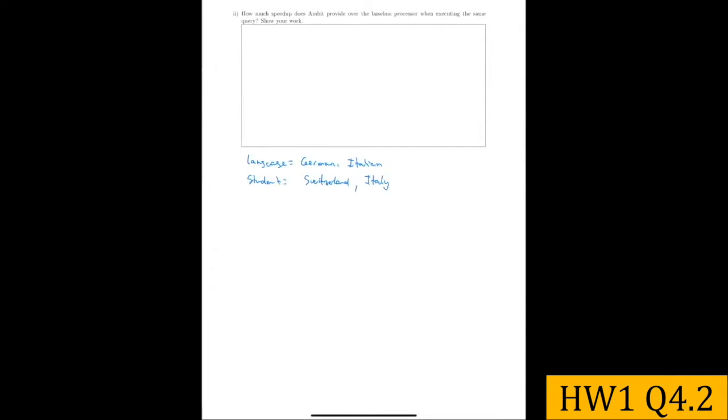So the student can be from Germany, can be from Switzerland, let's just say CH, and can speak Italian, or the student can, this is the country, and the language over here.